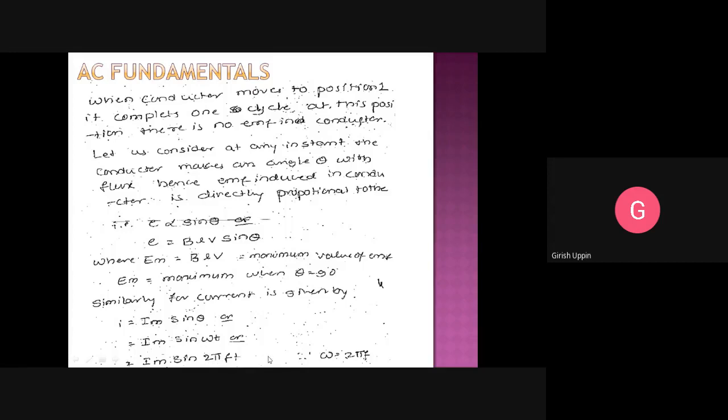Similarly, for voltage, we can represent that as v is equal to Vm sin theta, v is equal to Vm sin omega t, or v is equal to Vm sin 2 pi f t, depending upon what parameters are given. We can use different equations.